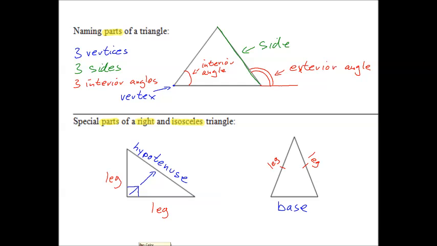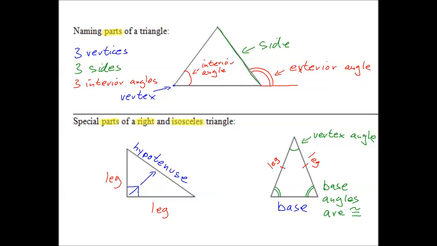Those 3 angles of our isosceles triangle have names as well. The 2 angles, and these 2 angles happen to be congruent every time, we call them base angles. And they are always congruent. And then we have one angle on the top, and this angle carries the name vertex angle.